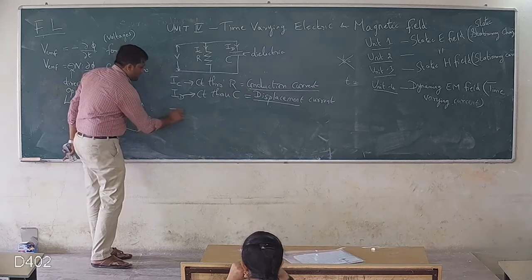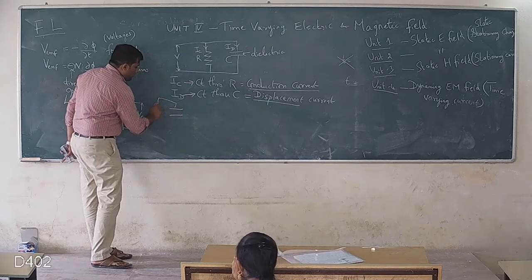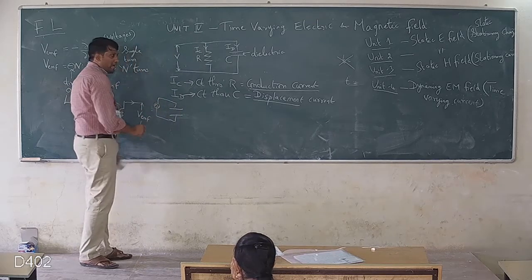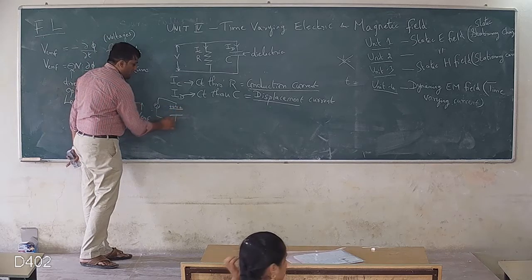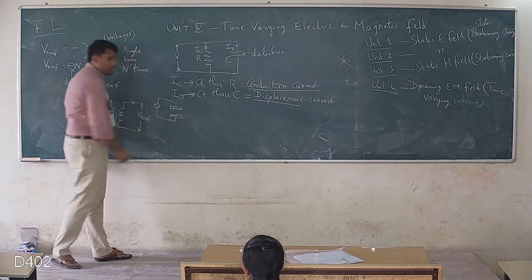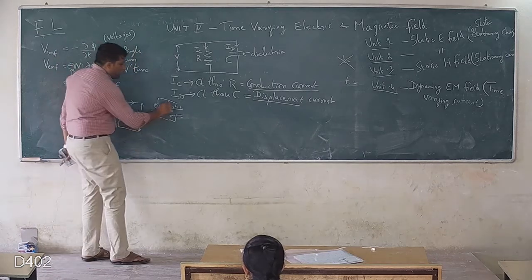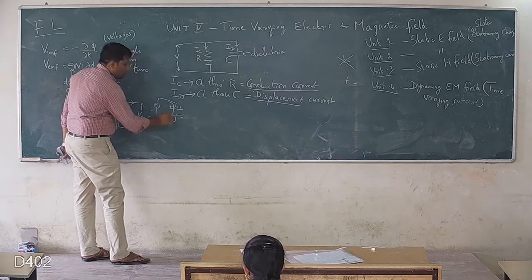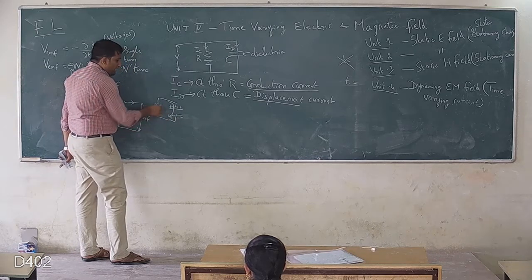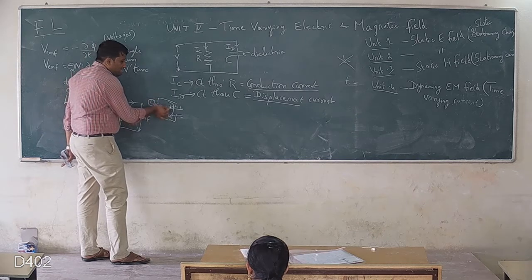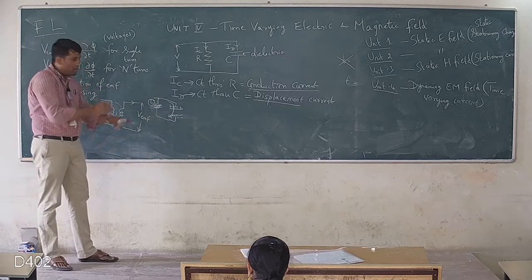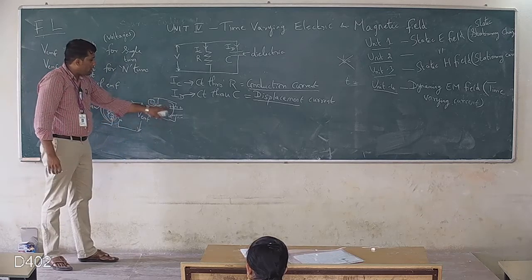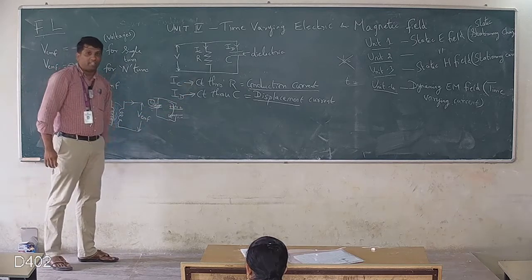If I take a capacitor and give a voltage across it, the positive charge will be stored on the top plate and the negative charge on the bottom plate. Therefore there will be no continuous current flow. But when I disconnect the source and connect a load, the charges will displace again. With this movement we can have a closed circuit, and this kind of current is called displacement current.